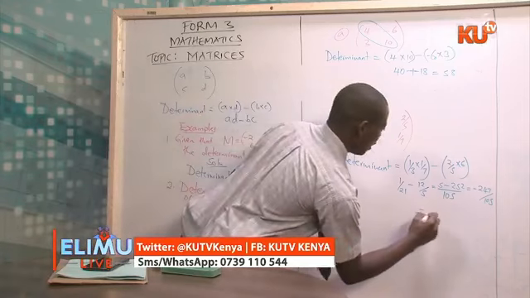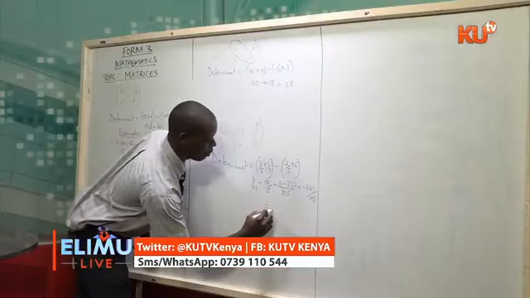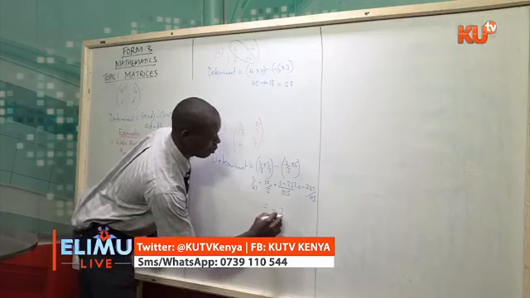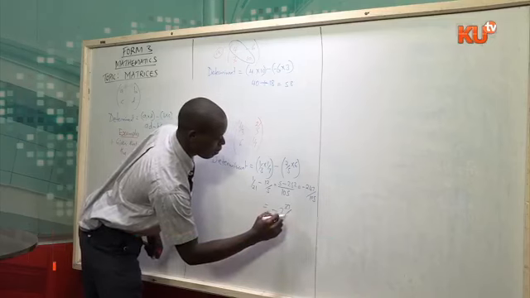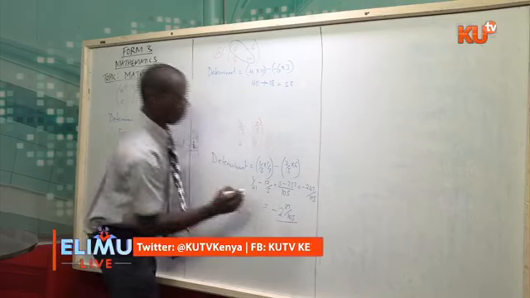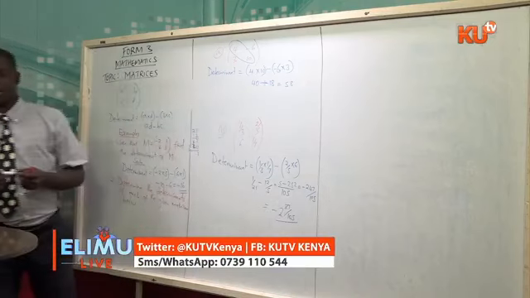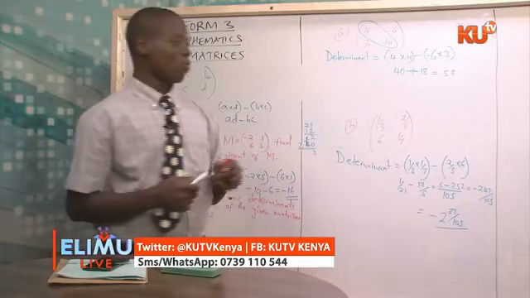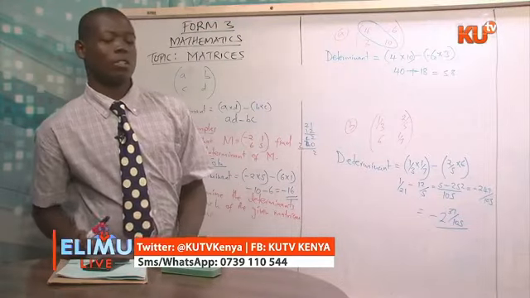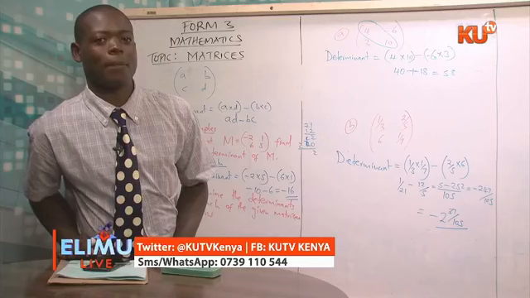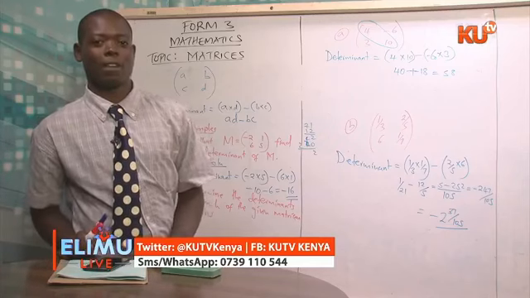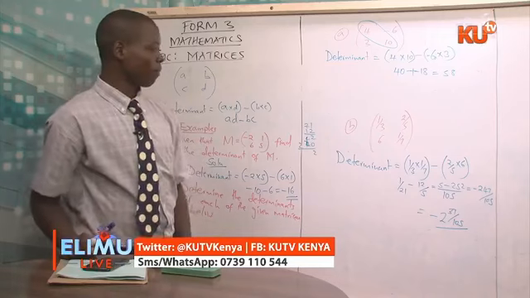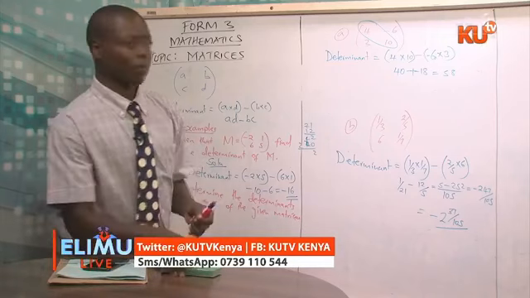So as a mixed fraction, it will be negative 2, that is 210, then 37 over 105. That is our determinant. So students get to know that not only will we deal with whole numbers, but we will get to a point of dealing with fractions or decimals. Good.